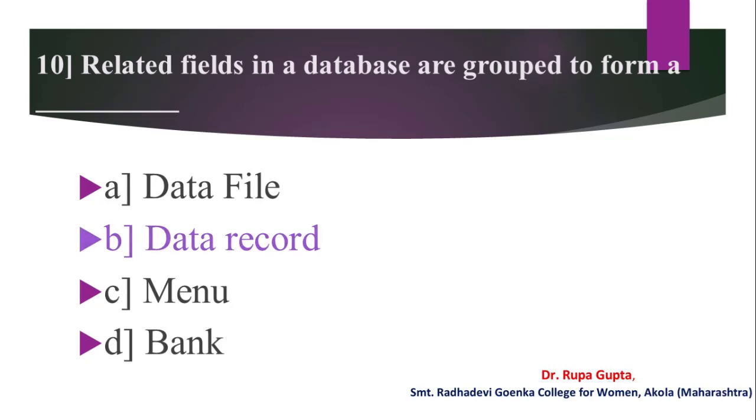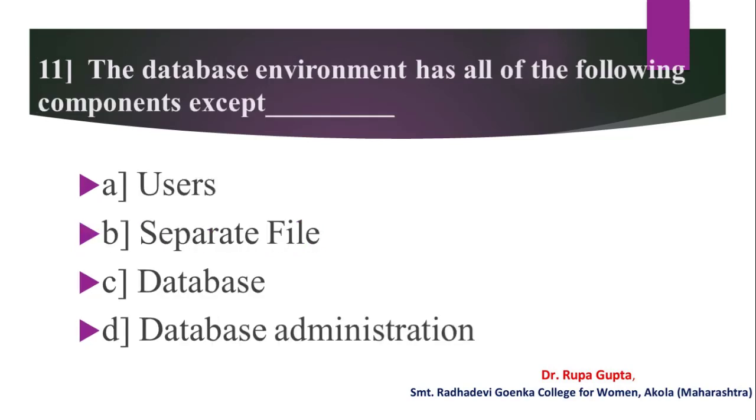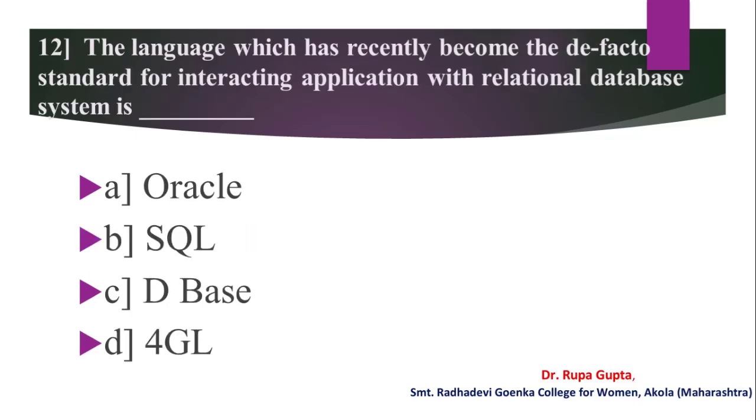Data record. Question number 11. The database environment has all of the following components except A. Users, B. Separate file, C. Database, D. Database administration. And the correct answer is B. Separate file. Question number 12.